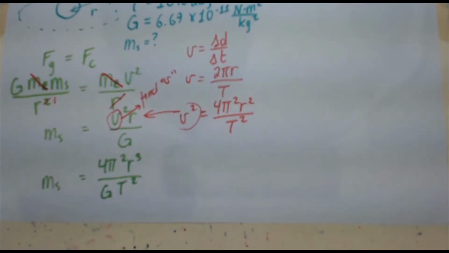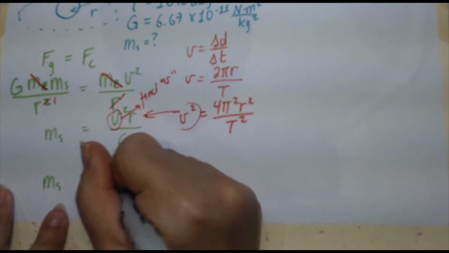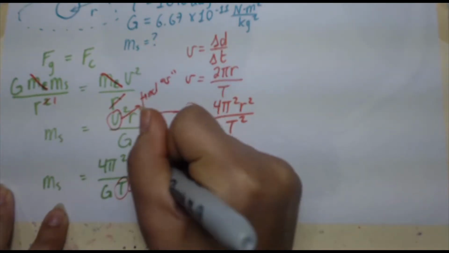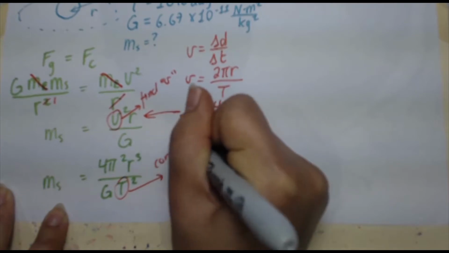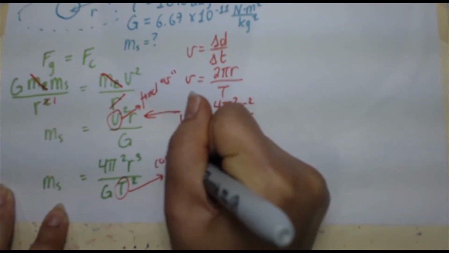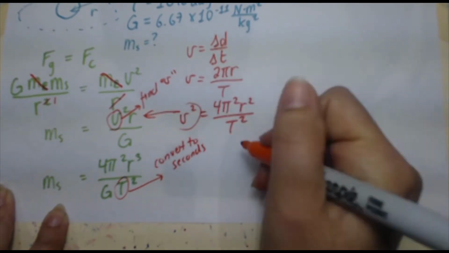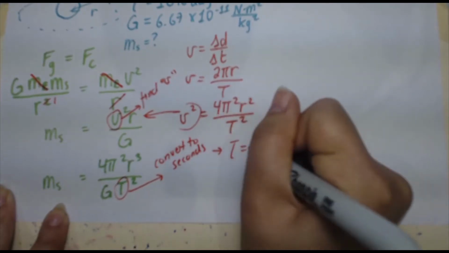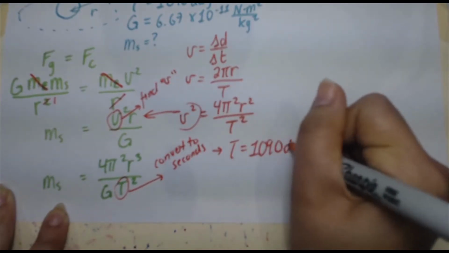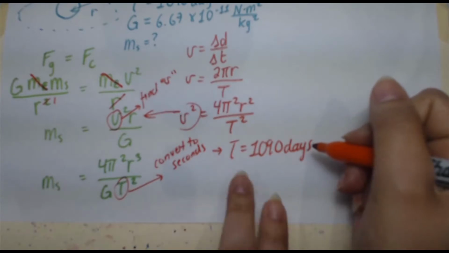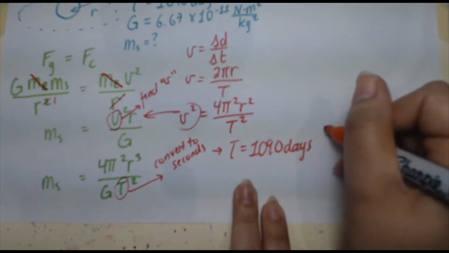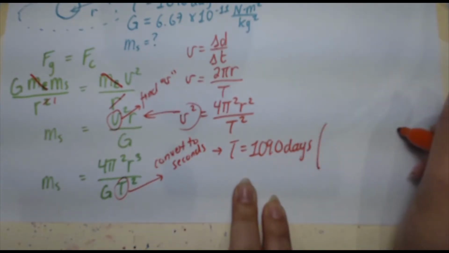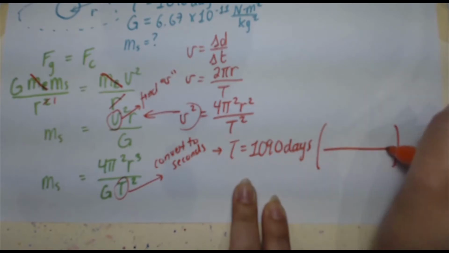There's one more conversion I need to do: T in the problem was given in days, and we have to convert it to seconds. That's a really straightforward step. T is equal to 1090 days. If you remember my hint from many videos ago, to convert a unit you multiply by 1, but that 1 is a fraction.